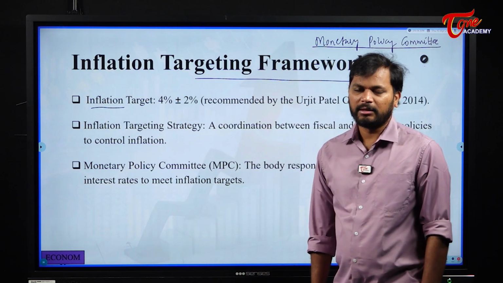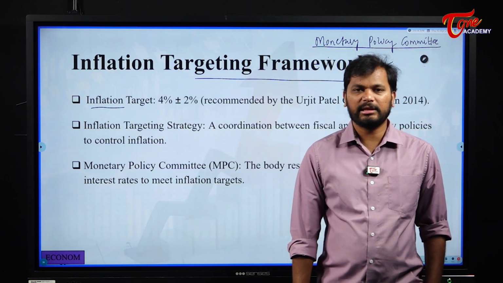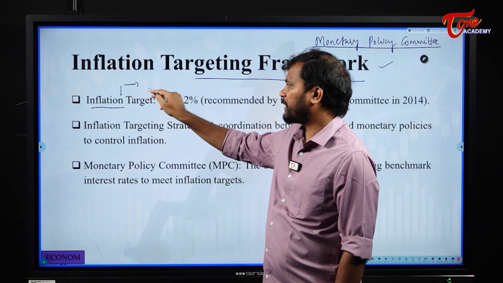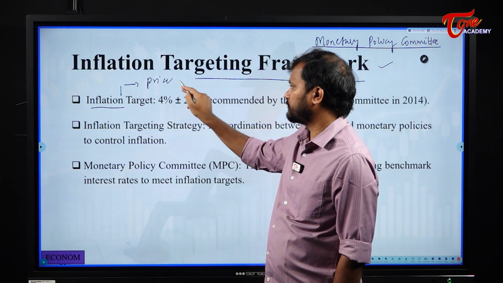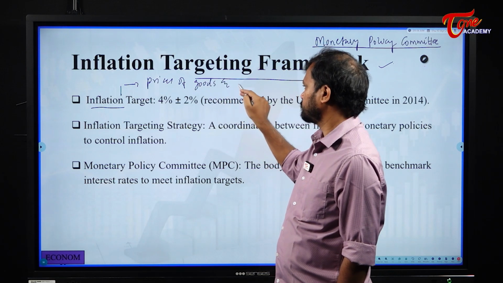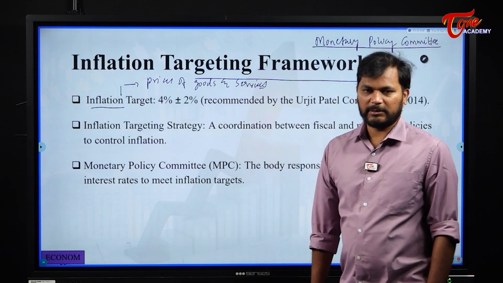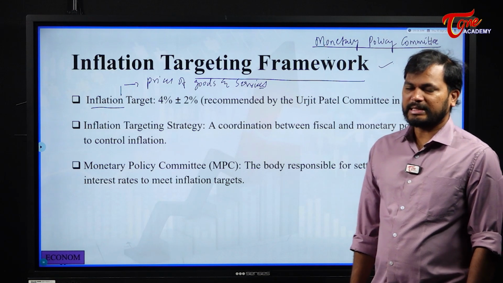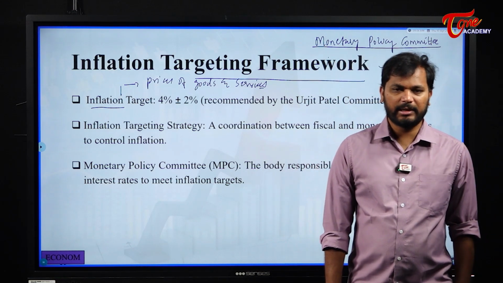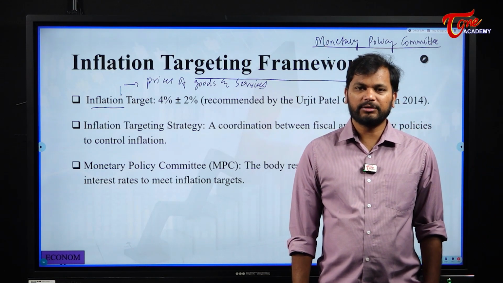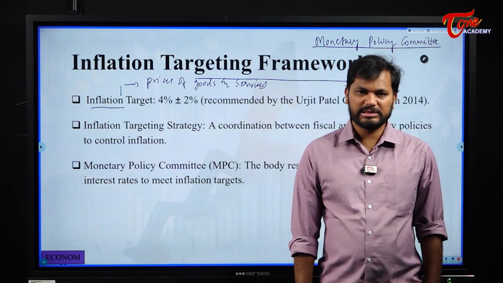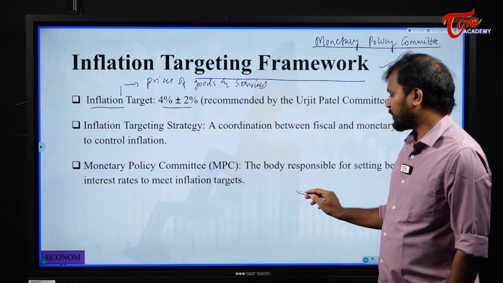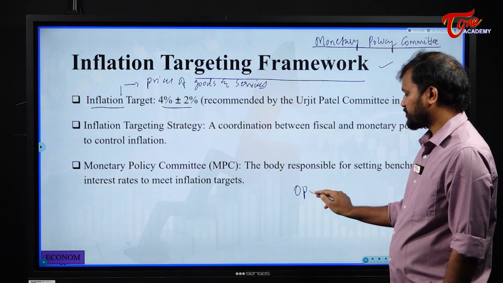Inflation is nothing but increased supply of money in the market, which leads to increased prices of goods and services. Now, when it is considered as increased supply of money leading to increased prices of goods and services, one thing we need to understand is what is the optimum level of inflation?